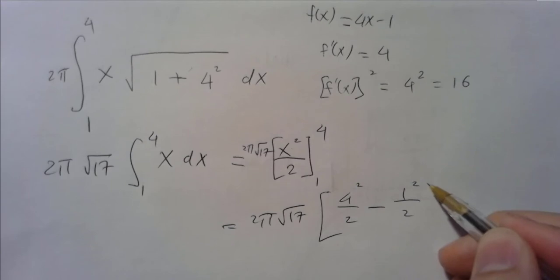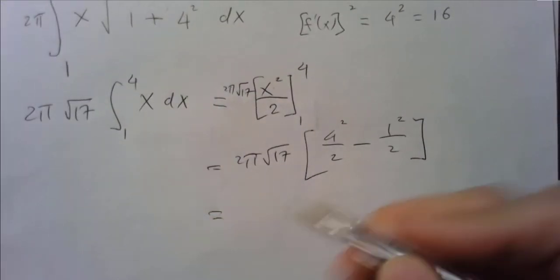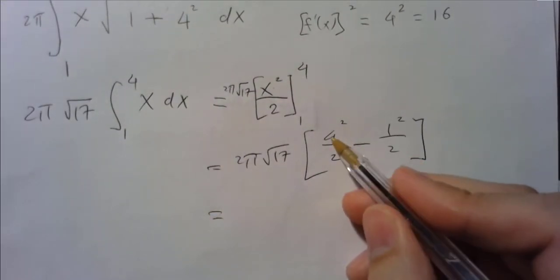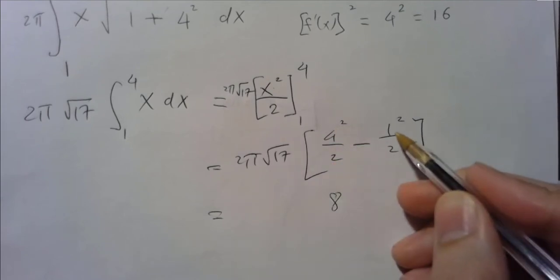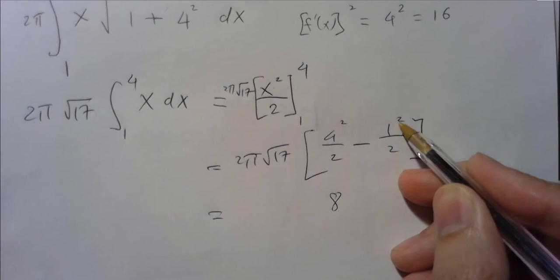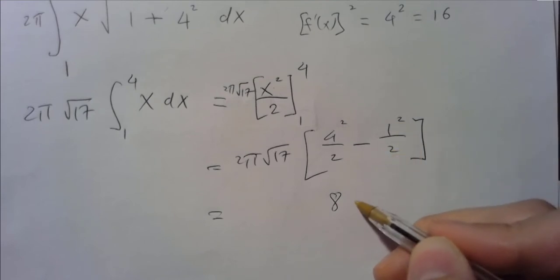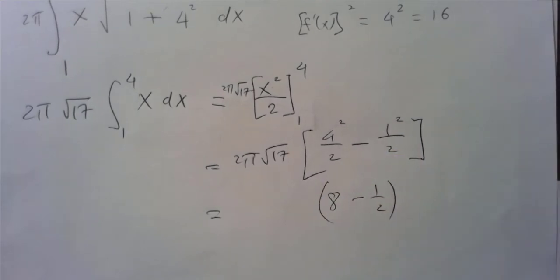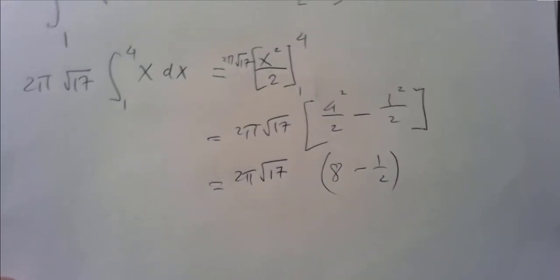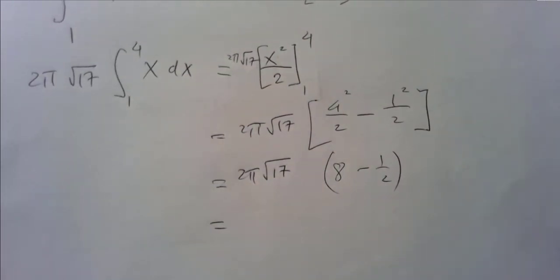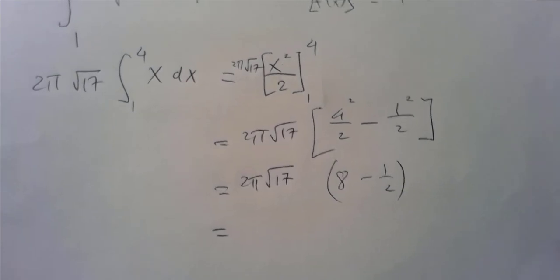So 1 squared over 2. Now let's try. This is 4 squared, 16, 16 over 2, that's 8. And then 1 squared is 1, and 1 over 2 is 1/2. And then 2 pi square root of 17. Let's see what the value of this one is.